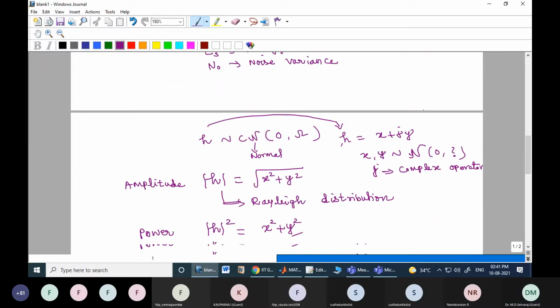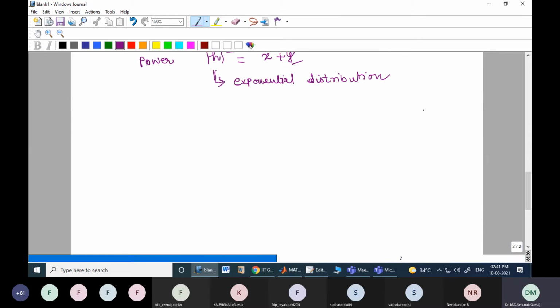Now the next step is whatever gamma I take at the destination. If you look at the picture, this is a source, this is a relay, and this is a destination.